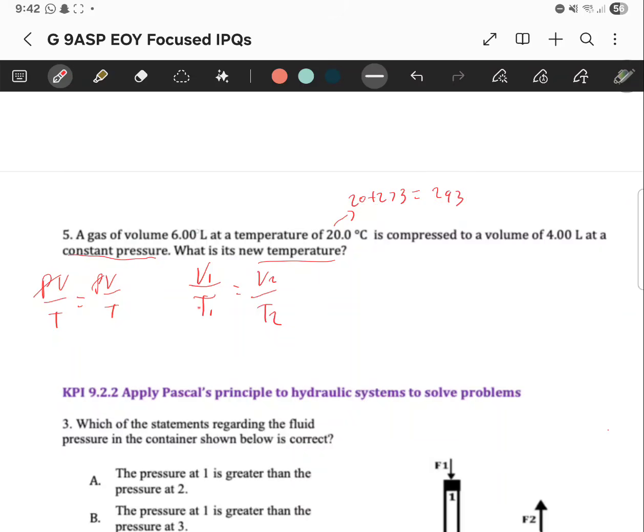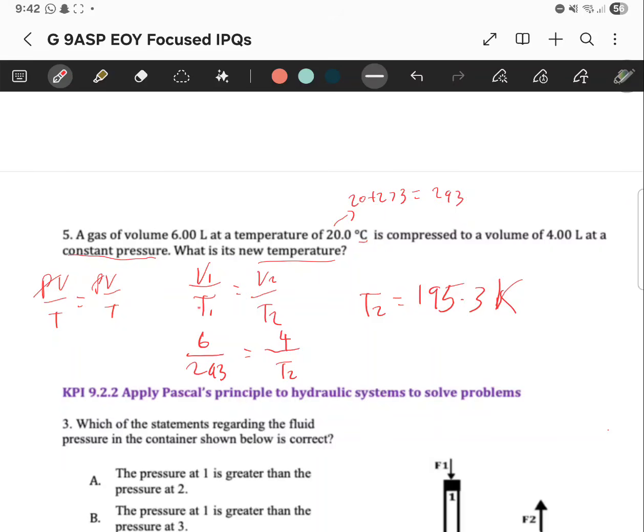A gas of an initial volume, so that would have been 6 over at the first temperature, which was 293, equals my new temperature I need to find, but I have a new volume, that's 4. So if I was to go ahead and solve that, I would get T2 equals 195.3 Kelvin.